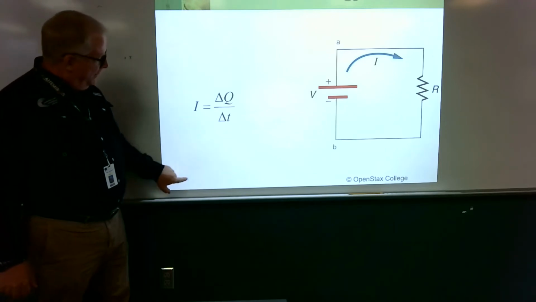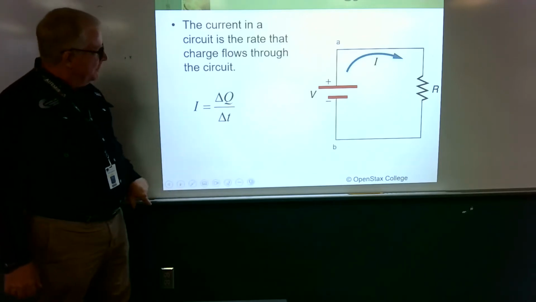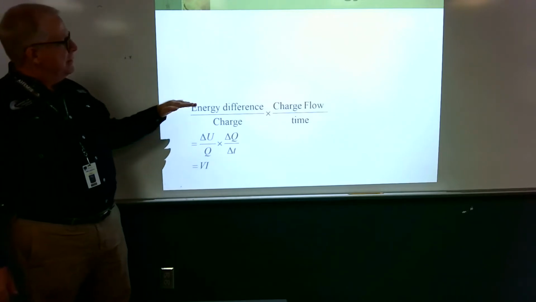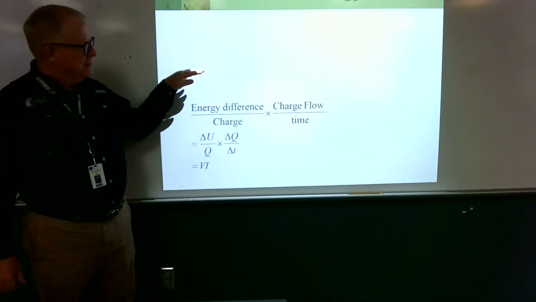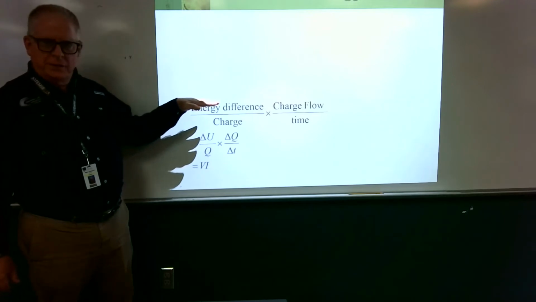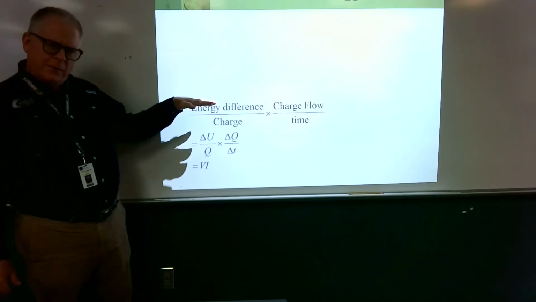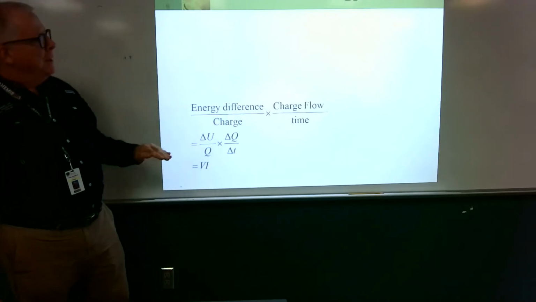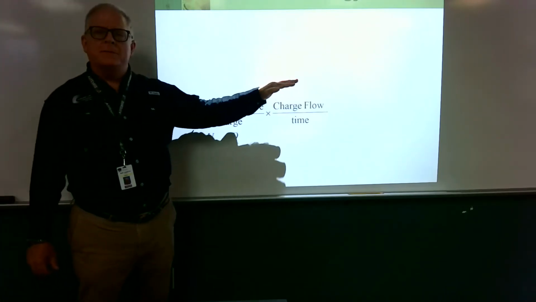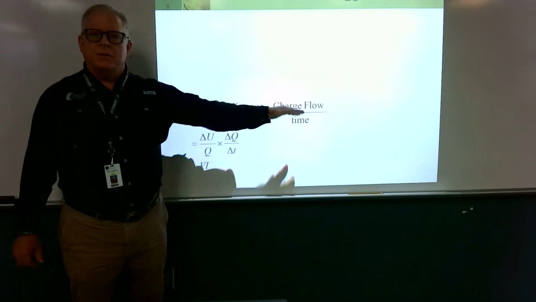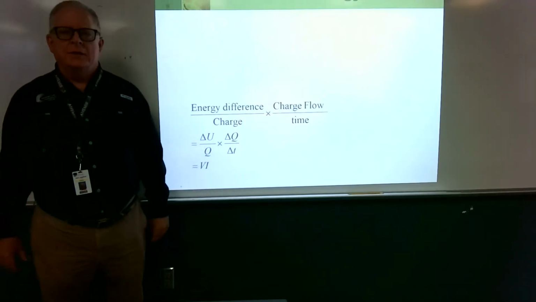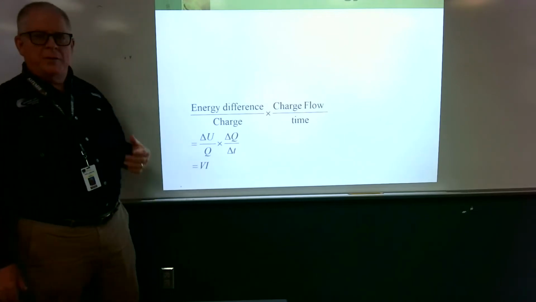Well, if you want to get the amount of energy conversion per unit of time, what we can do is take the voltage, which is the energy that gets converted to some other form of energy per coulomb of charge, and multiply that by how many coulombs of charge flow per second. And that should give us the energy change per second, which would be the power.